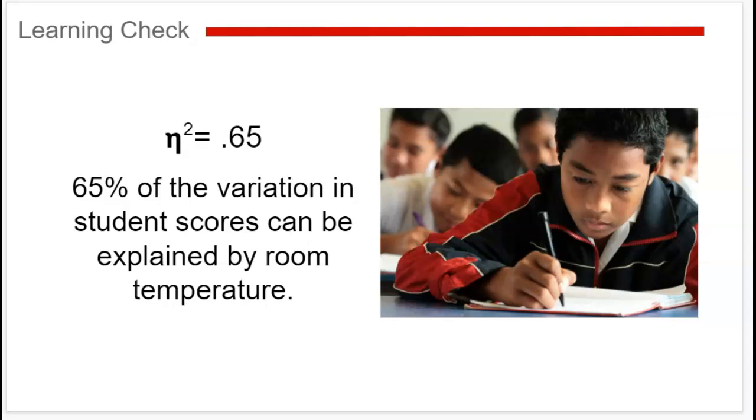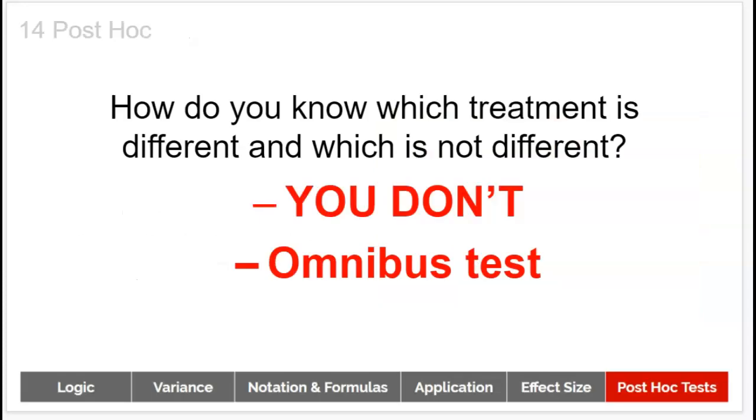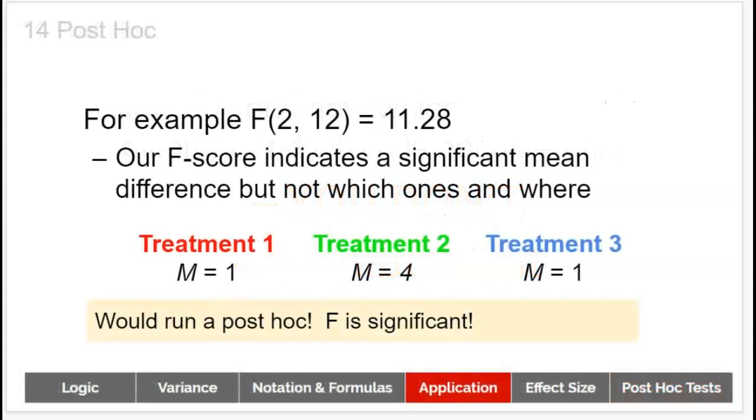The next thing that I want to identify is post hoc. Well, it's very exciting that we have differences in problem solving scores dependent on room temperature, but I need to know where the differences lie because F is just an omnibus test. A significant F tells me there's group differences, but does not tell me where those differences lie. So I do need to identify if it's appropriate for me to do a post hoc.